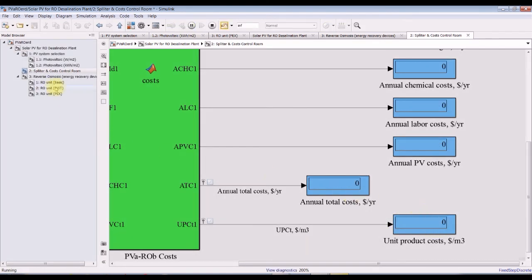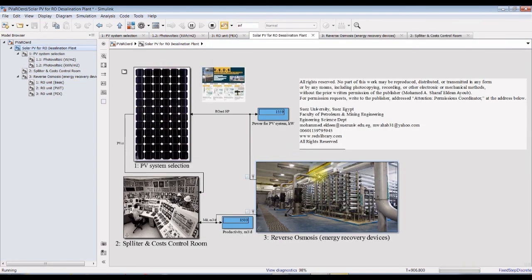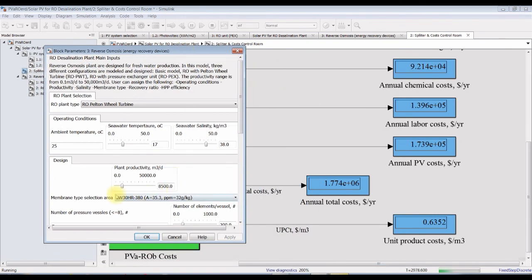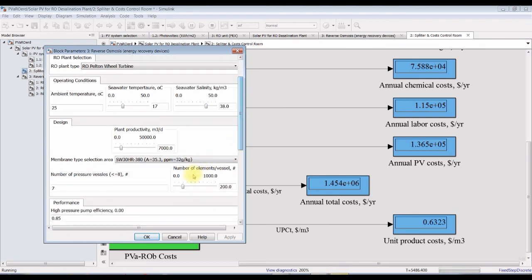Let's see. Hit run. Yes. Okay, changing this one. Let's change the productivity, decrease productivity. Yes, we can decrease the productivity and decrease the number of pressure vessels.